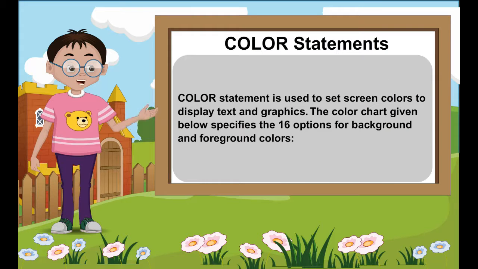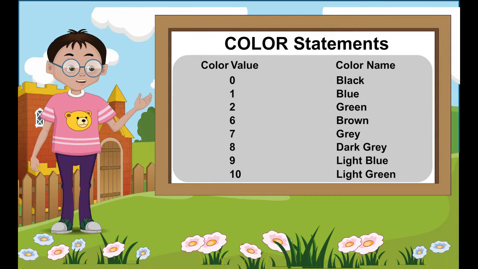Color statements. The color statement is used to set screen colors to display text and graphics. The color chart given below specifies the 16 options for background and foreground colors.